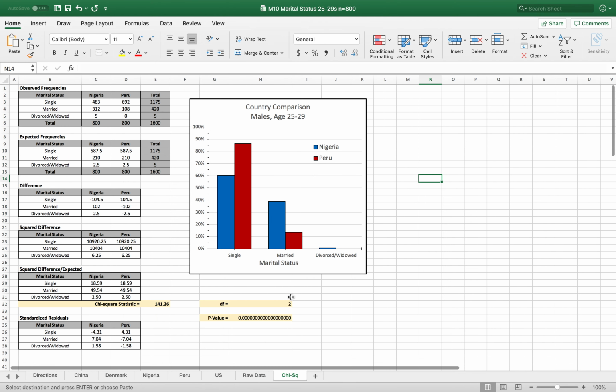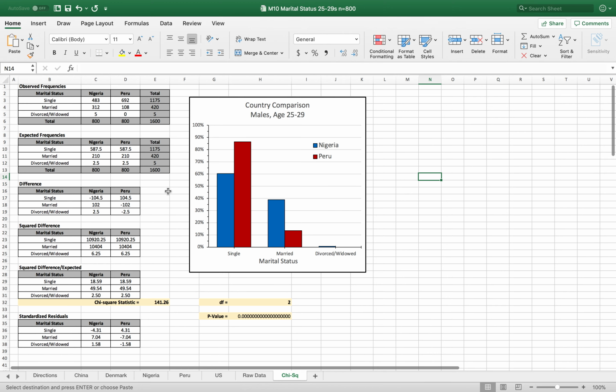Going to my chi-square, looking at all of my values, as expected, I did get a p-value of 0, which means I'm going to reject my null hypothesis. A p-value of 0 means there is no correlation between the two. This is all of the math that was done for us for a chi-square, and this is a chi-square statistic, which is like the t-test statistic.